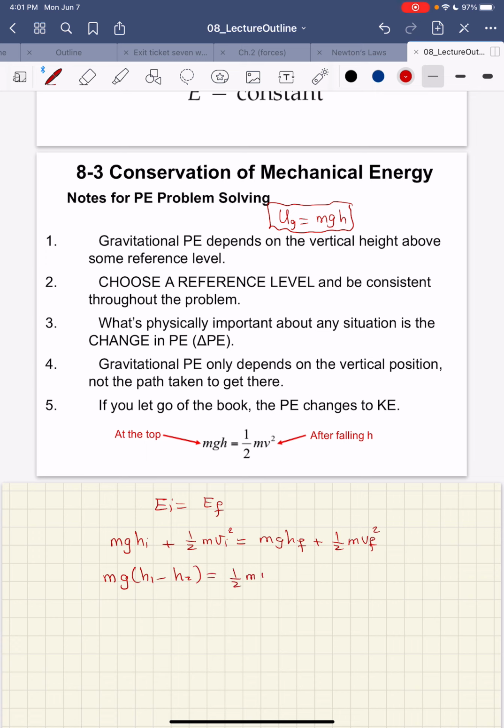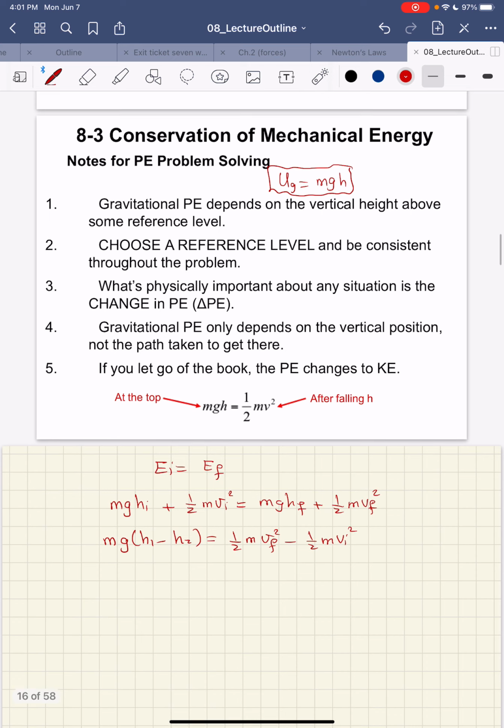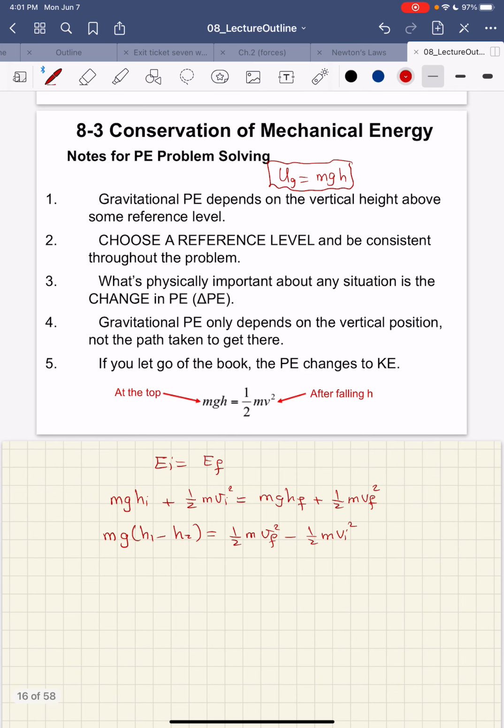From that, what you can see is that I am looking at changes. The change in UG, with a negative sign, is going to be the change in K. What does that mean? This means any decrease in UG is going to be a gain in kinetic energy.